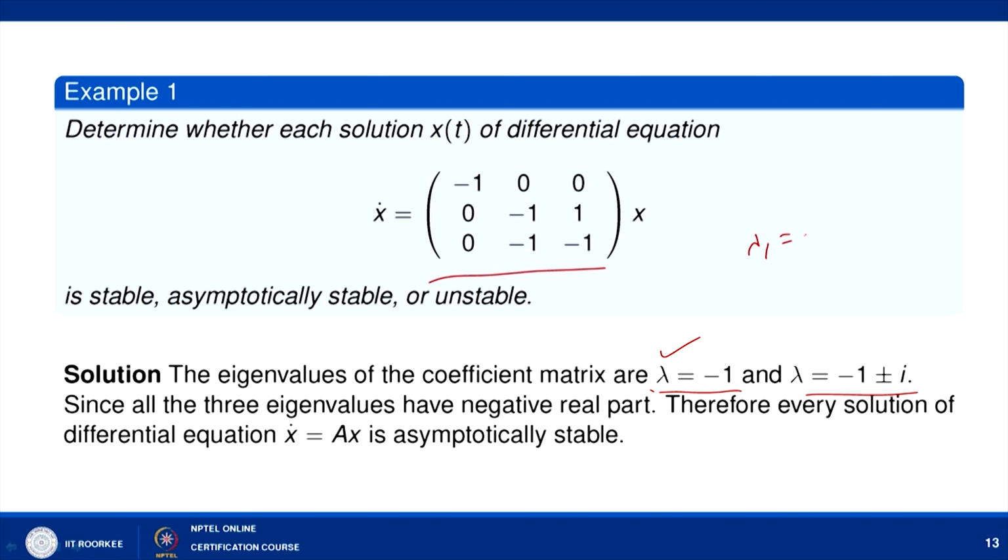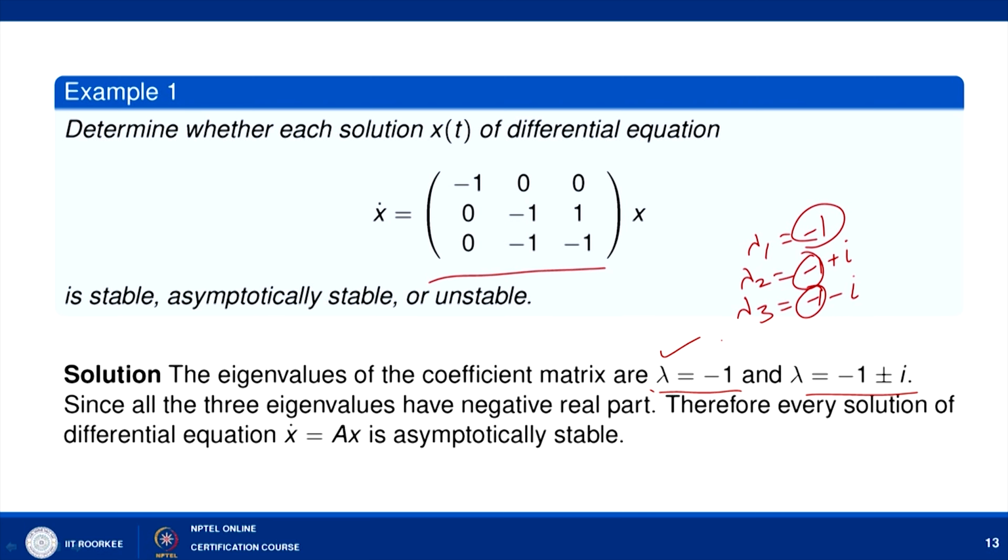If you look carefully, lambda 1 is equal to minus 1, lambda 2 equal to minus 1 plus i, and lambda 3 equal to minus 1 minus i. The real part of each eigenvalue is minus 1, so every eigenvalue has a strictly negative real part.